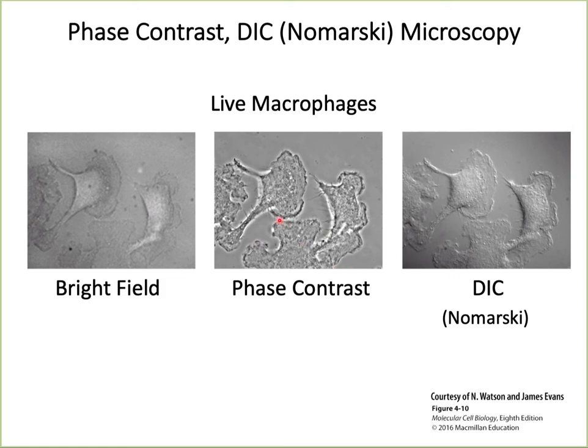When light is projected onto the sample, a series of annular rings, depending on the refractive index of the inner cellular components, will push light out of phase or keep light in phase. Light out of phase is dark, and light in phase appears very light. So the result is that you can see more detail.